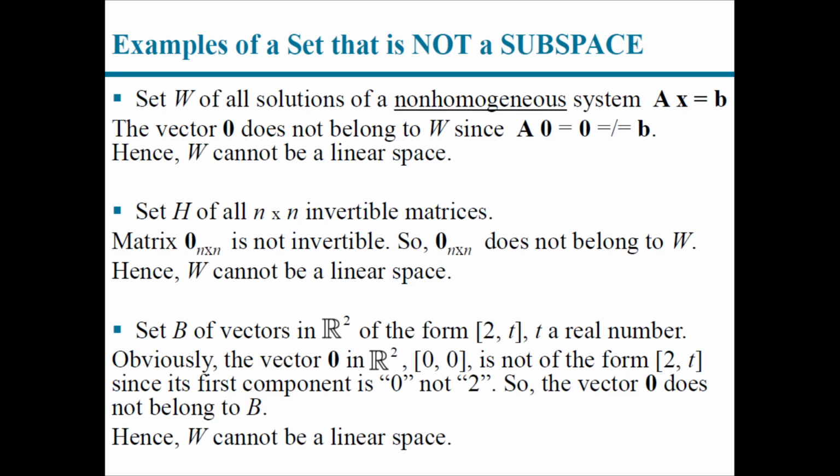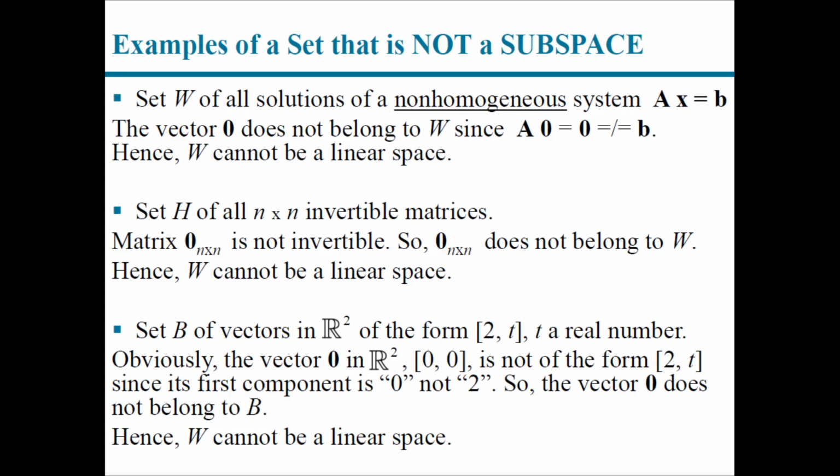One of the easy ways to verify that is just to check if 0 belongs to that set. Well, 0 doesn't belong because A times 0 is 0, it's not b. So 0 does not belong to the set of solutions of Ax equal b. So the set cannot be a linear space without 0.